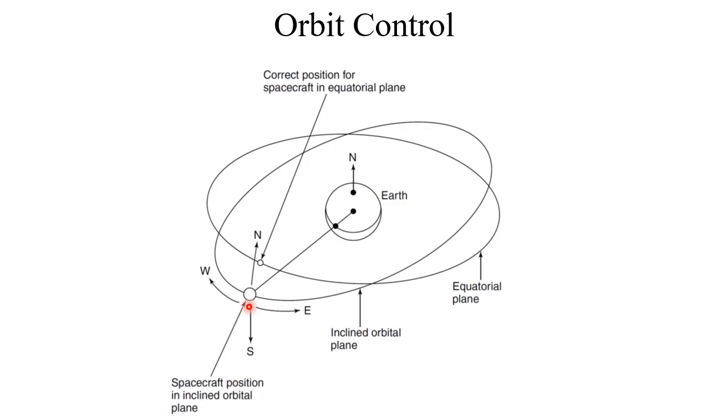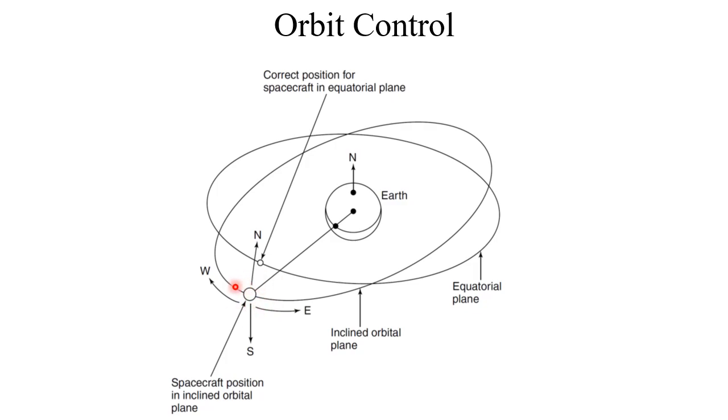And each time, it will consume some fuel. Now, before launching of the satellite, we must send a sufficient amount of such fuel for this control, to control the orbit or to control the inclination angle.